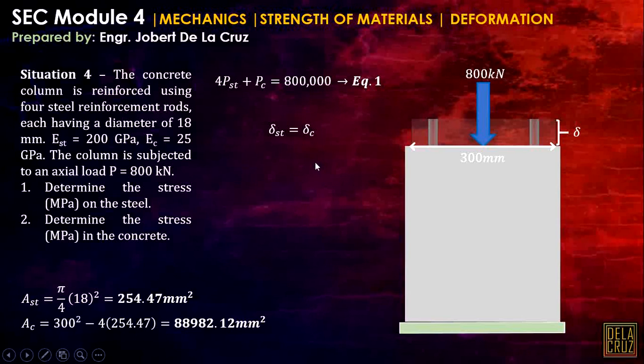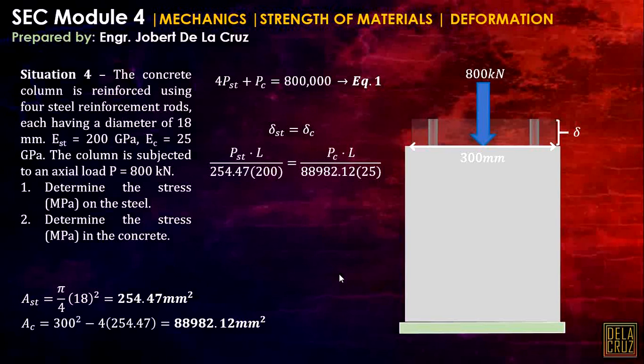Using the formula of the axial deformation, PL over AE, it is this one: PST times the length over the area of the steel times the Young's modulus of elasticity of steel, which is 200 gigapascal. But I will not convert this to MPa.